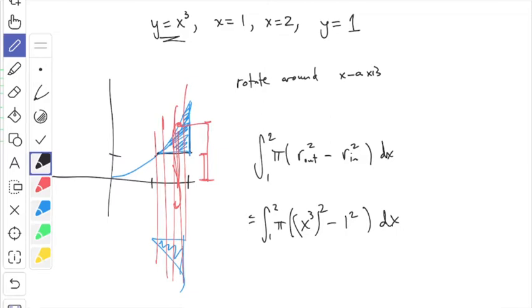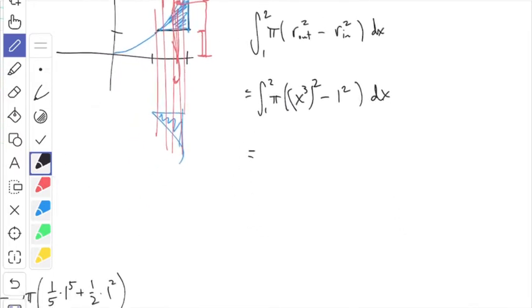So this is the setup. Again, in my opinion, the setup is the hard part. From here, we just do the integral as usual. So we need to figure out what is x cubed squared. Remember the rule for that? Yeah, you multiply the exponents. So it's x to the 6 minus 1 dx. And then we do the integral.